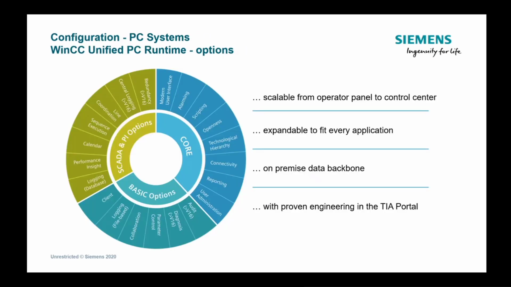Across the different options that we have with WinCC Unified, we don't have a single visualization solution that we make application specific. We don't sell visualizations just into one industry. What you get from Siemens is a visualization system that's applied to a lot of different types of industries and applications, so there's a lot of diversity in the types of applications we would be involved in.